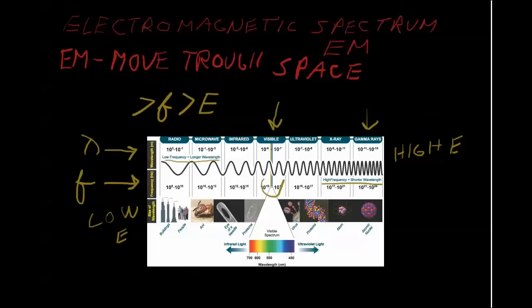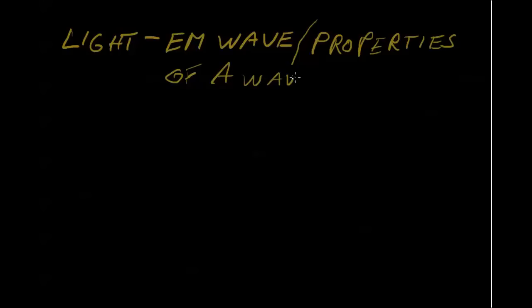Real quick, light is an EM wave. Light is an EM wave, and the unique thing about light, it has properties of a wave and particles.